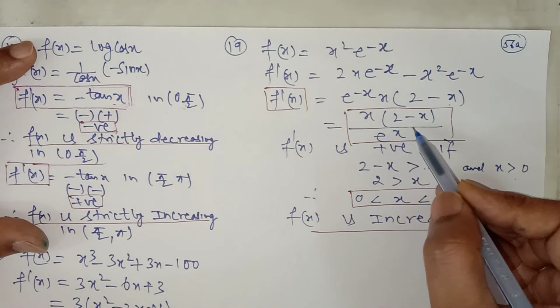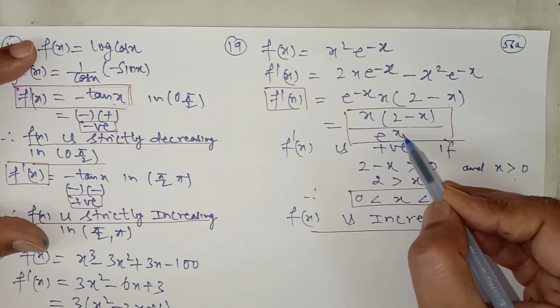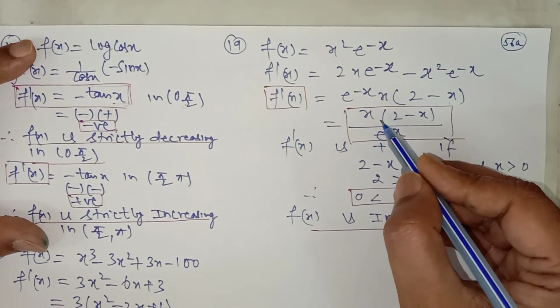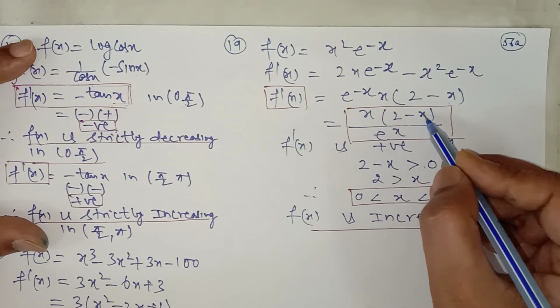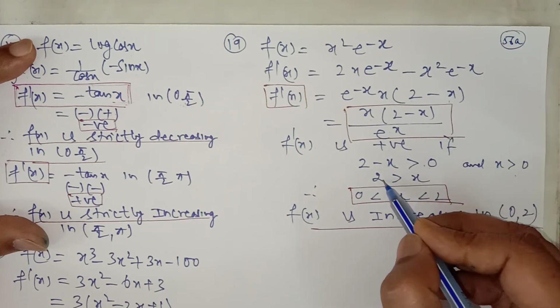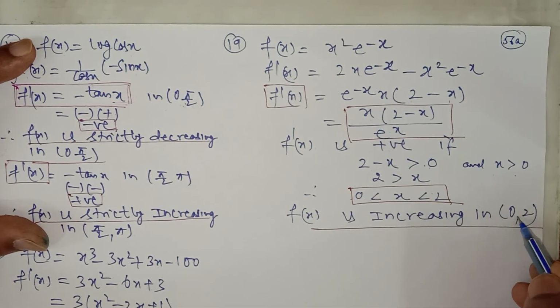Because e raised to power minus x is always positive, this will be increasing if x is greater than 0 and 2 minus x is greater than 0. 2 minus x greater than 0 means x is less than 2, and greater than 0 means the interval 0 to 2. So in 0 to 2 it is increasing.